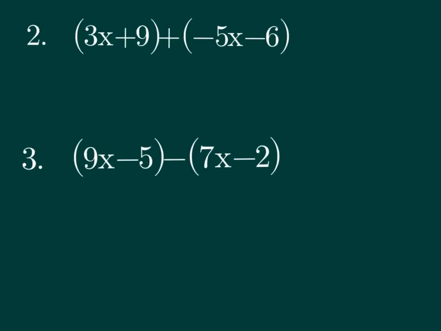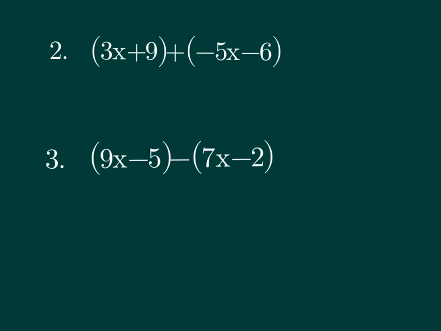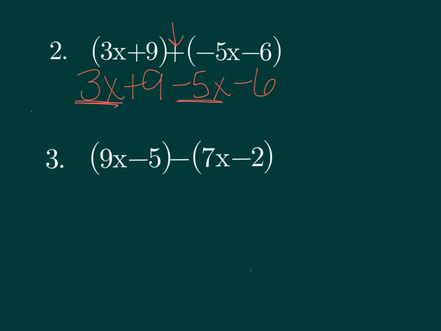Okay, so on this one it's a parentheses, so I'm taking 3x plus 9 plus negative 5x plus 6. Since this is a plus inside, the parentheses actually do not mean anything. So if you wanted to rewrite, you could go 3x plus 9 minus 5x minus 6. So 3x combines with negative 5x.